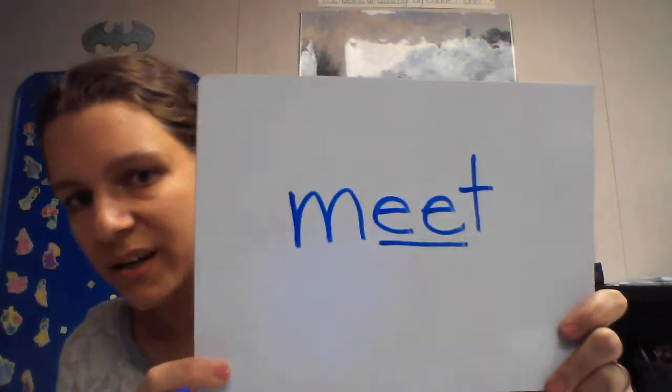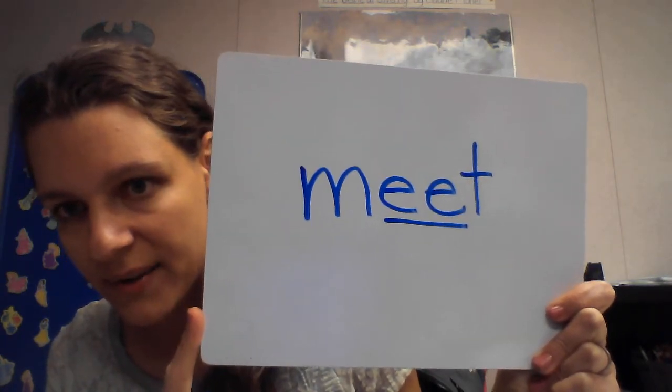Good, E-double-E always says E. Write that and say the sounds while you write them. After you've written it, do the markings. All right, make sure your meat looks like this. If not, we've got to fix that.